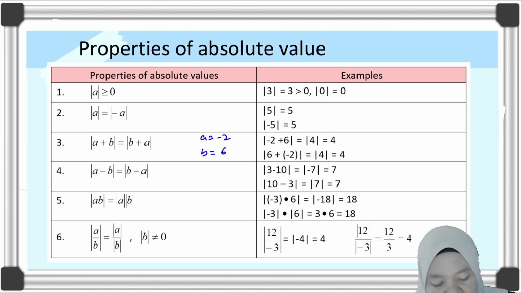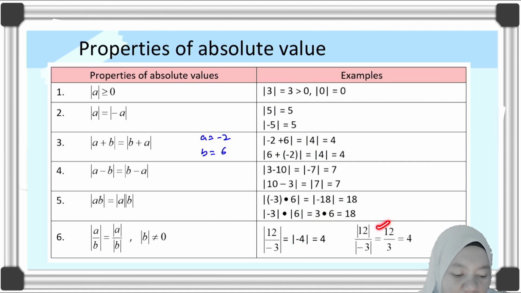Property number 6. The absolute value of a over b is equal to the absolute value of a over the absolute value of b, where the absolute value of b cannot be equal to 0. So for example, the absolute value of 12 over negative 3 is equal to the absolute value of negative 4, which is 4.